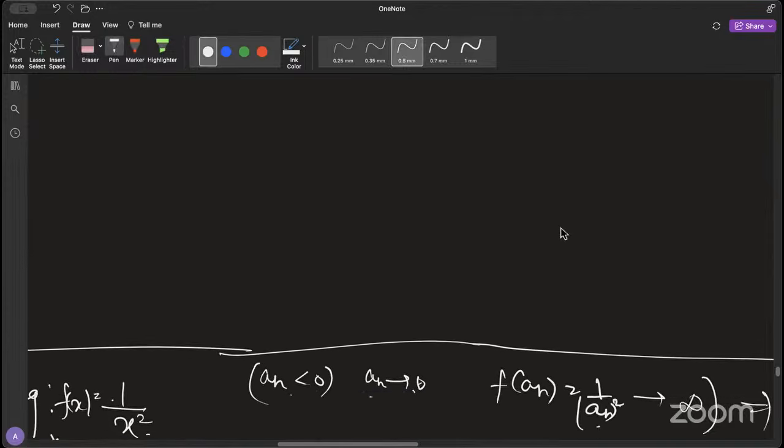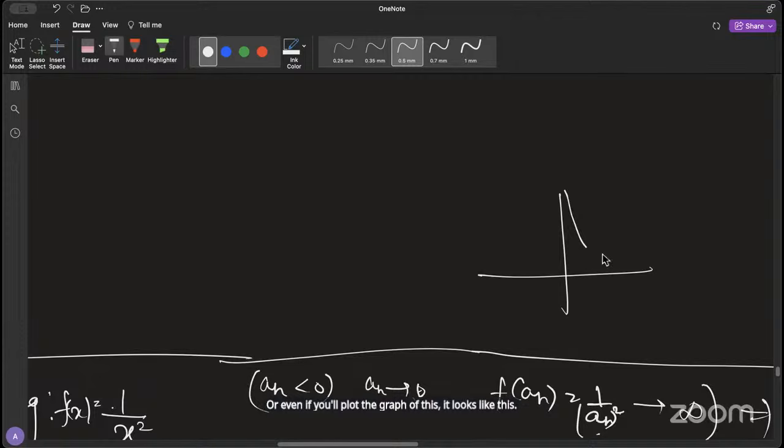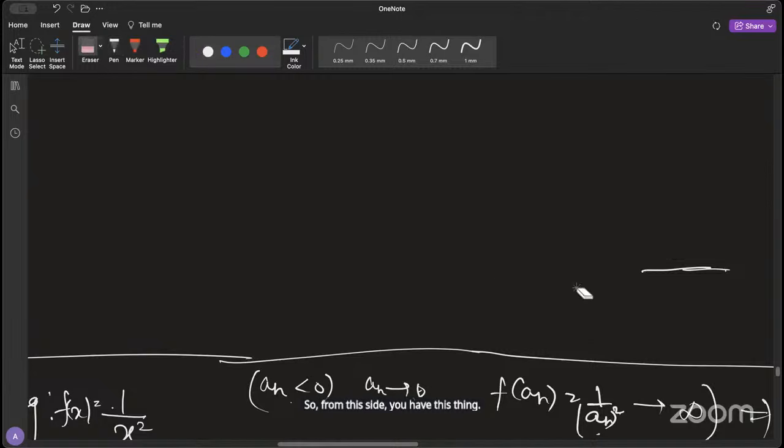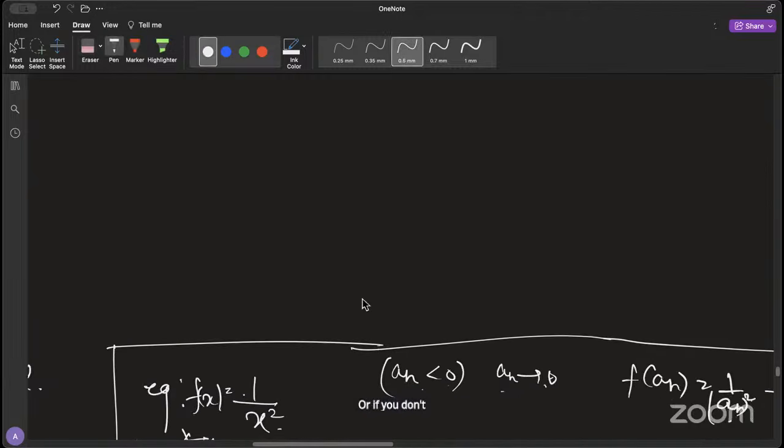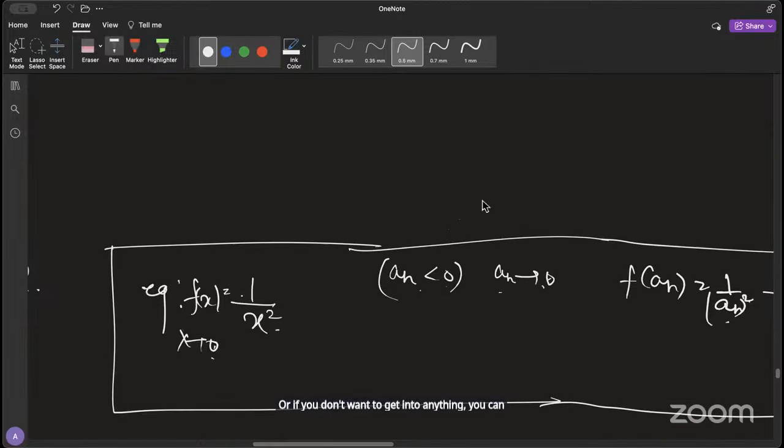Or even if you plot the graph of this, it looks like this. From this side, it goes to plus infinity. Or if you don't want to get into anything, you can just simply take numbers and you'll notice.